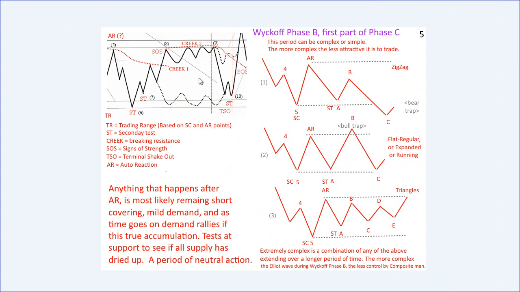And once the demand's all done and they're ready to move, the white composite man who's in charge of the demand wants to make sure that there's no supply around, and they'll do some sort of terminal shakeout or smash it down, break some sort of critical level, just to see if there's any supply around that's going to come on, because they don't want to move price up if supply is going to smash it down above resistance. They want to make sure any of those who want it to go down get into this pattern here. So they might even do a bear trap, get all the supply in, and quickly smash it up. So all the games go on in phase B into phase C.